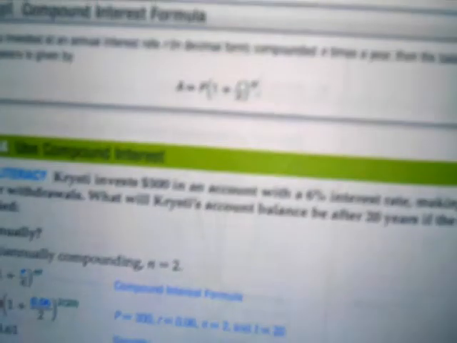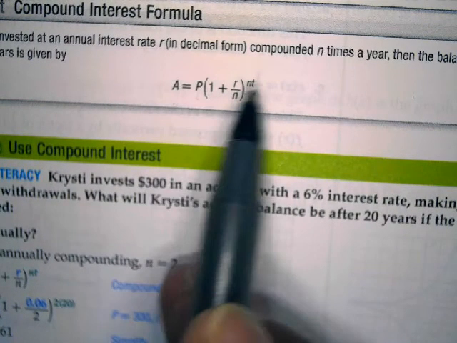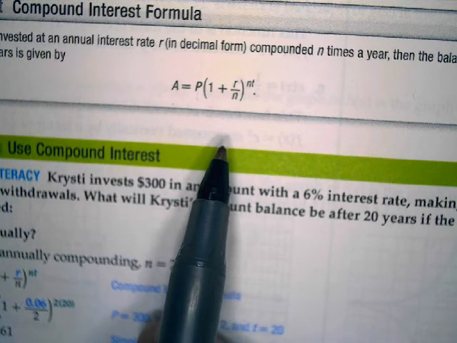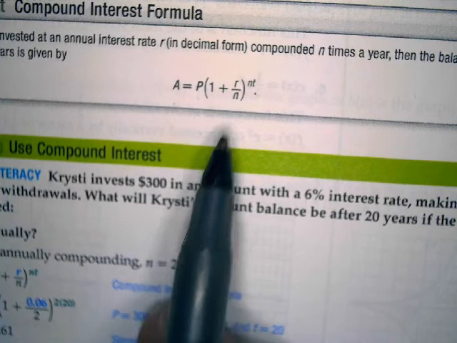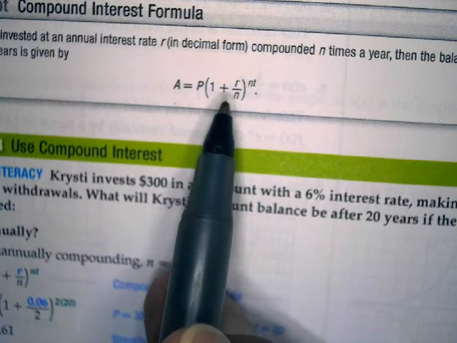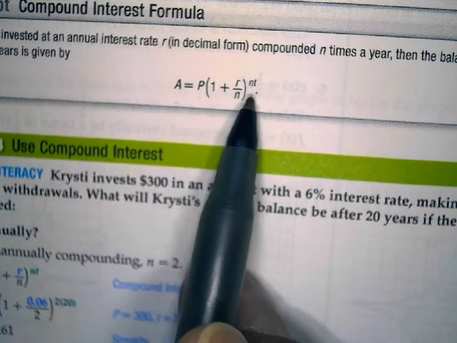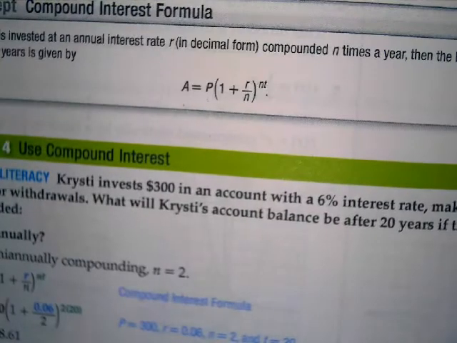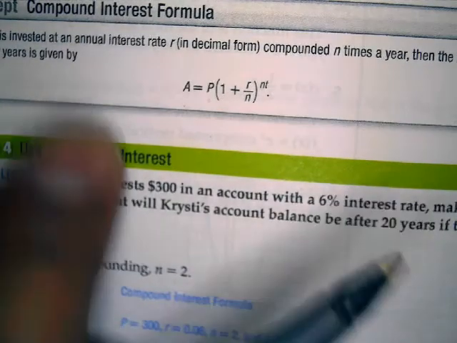The question is, if you're given all the information, can you put that in this formula and figure it out, calculate it out? That's what's happening here with these problems. They're gonna give you the P, they're gonna give you the R, and you just substitute it into this formula.